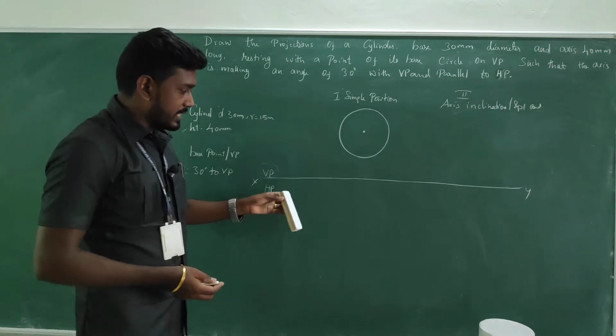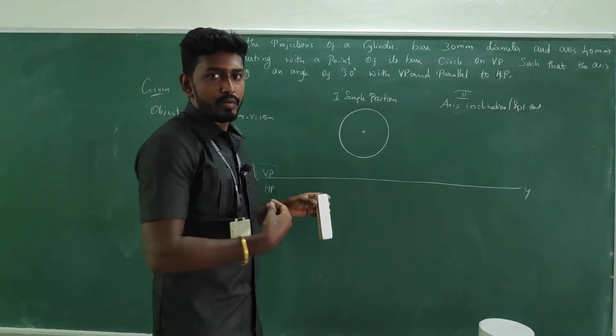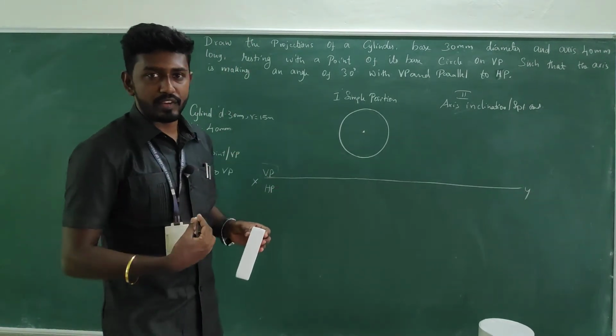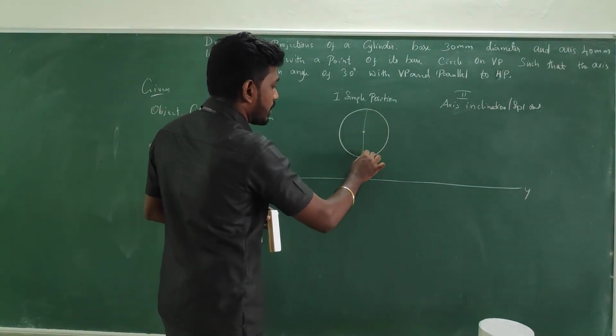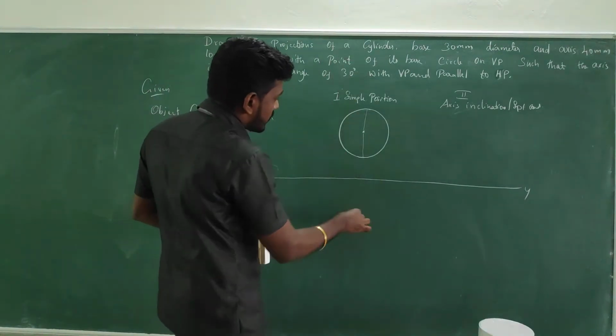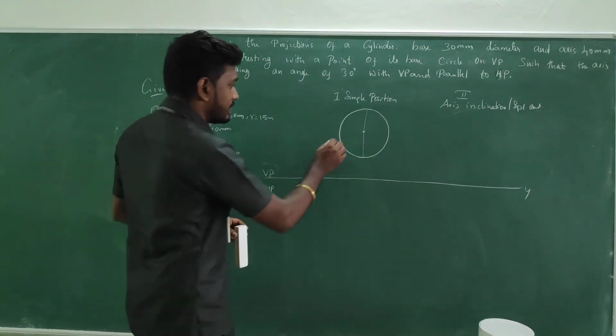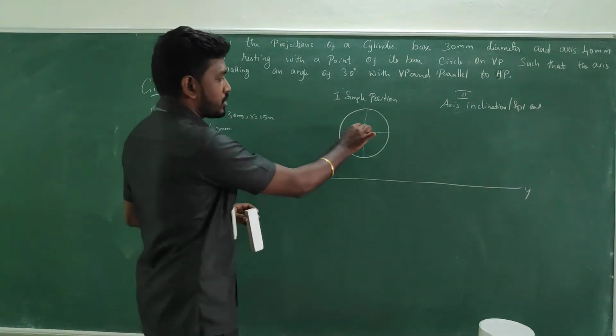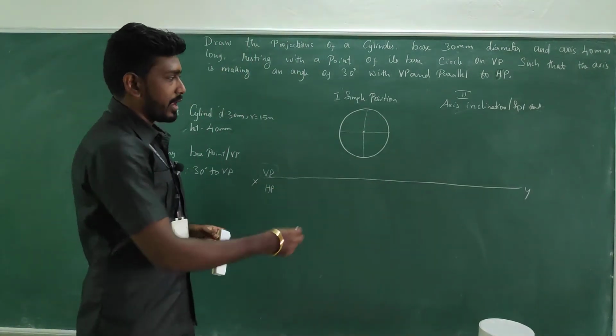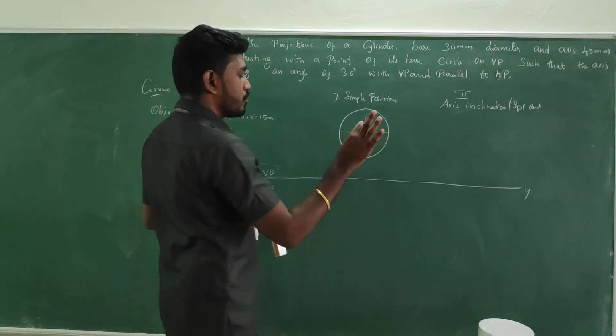Afterwards, to take the projections of the final front view and final top view, we need to divide this circle into equal parts. For that, draw a vertical line passing through the center, and then a horizontal line passing through the center, so that you can divide it into 4 parts.